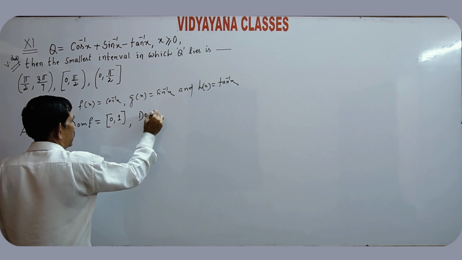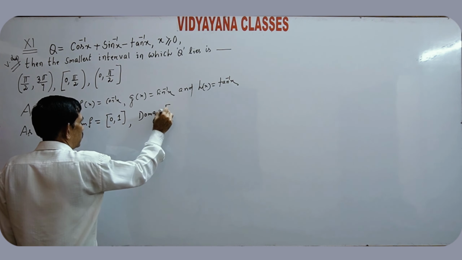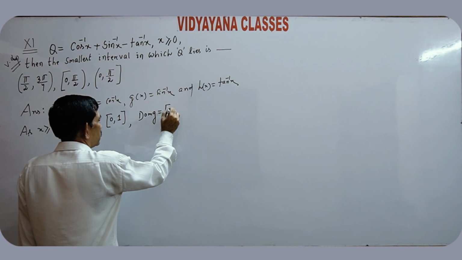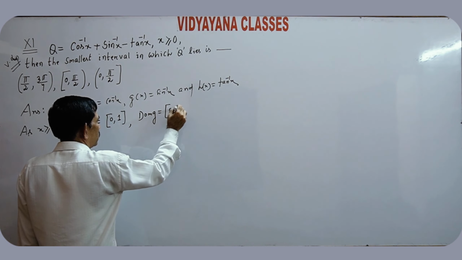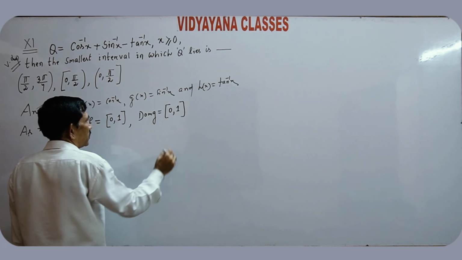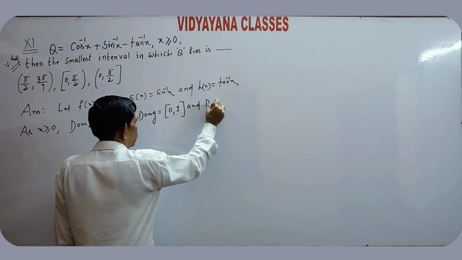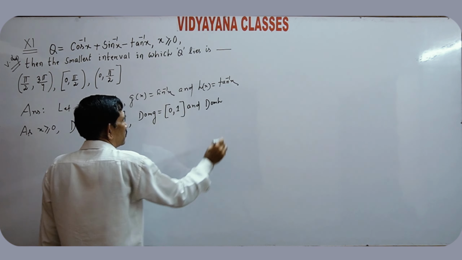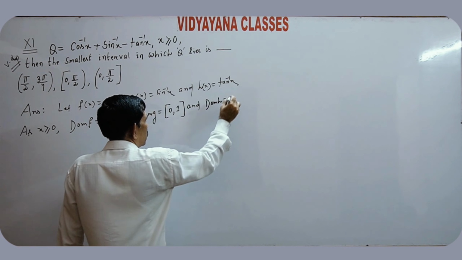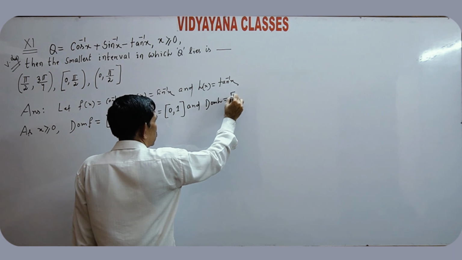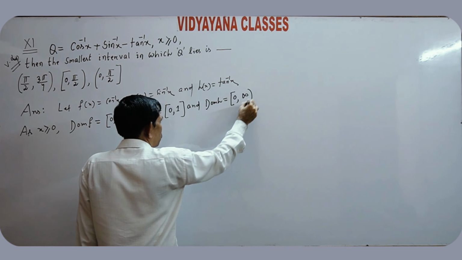Domain of g is the same, [0, 1], and domain of h is [0, infinity).